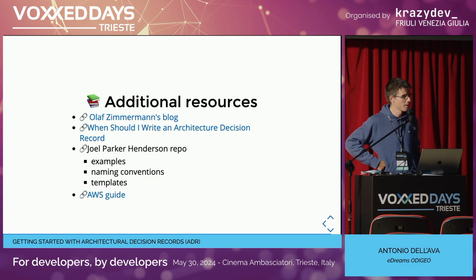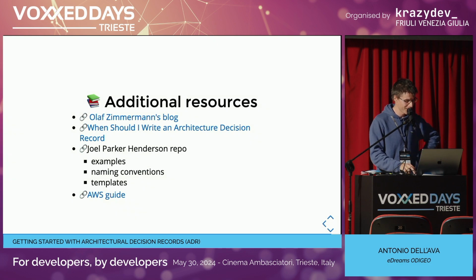So we have a Spotify team member here. And as I mentioned, the Joel Parker Henderson repo, where there are a lot of examples, naming conventions, and templates. It's more about how to get down to the metal, okay? And also the AWS guide, which is super from my point of view.